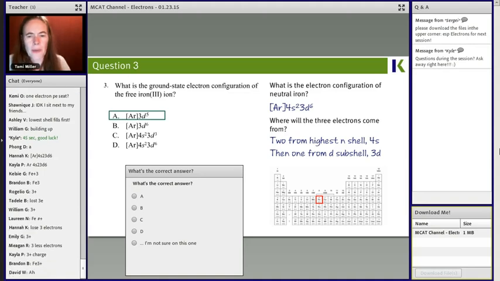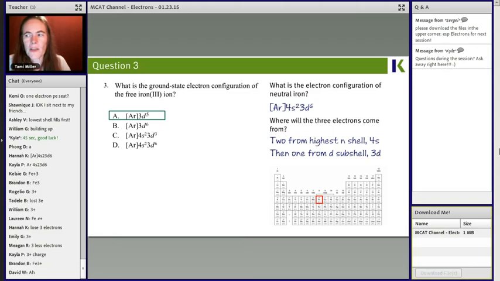Now, this explains to us why we typically see these as iron 3 plus. Can we be iron 2 plus? Sure. If we're iron 2 plus, we're argon 3d6. What is the difference in stability between iron 2 plus and iron 3 plus? I have a 3d6 and a 3d5.